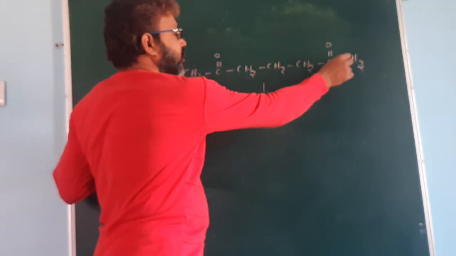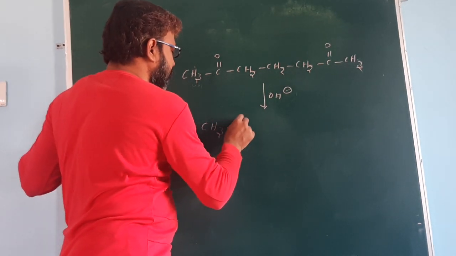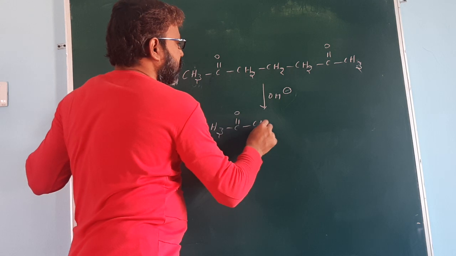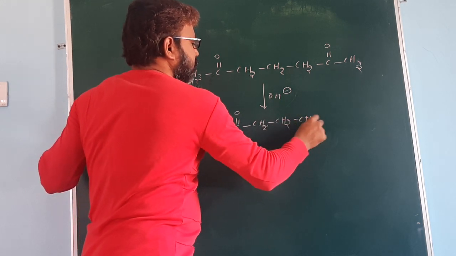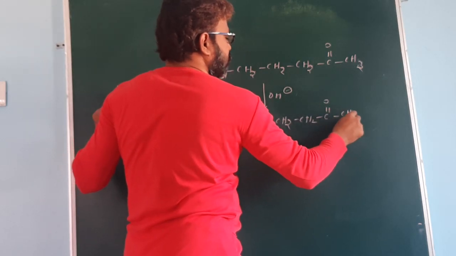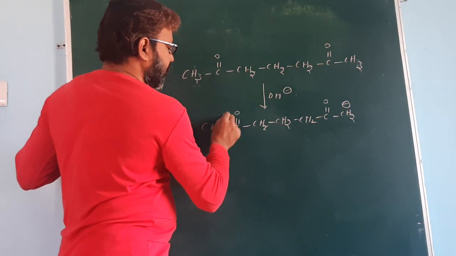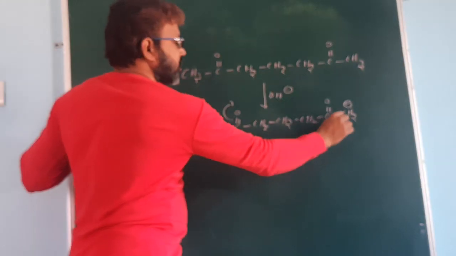Now OH minus subtracts the proton from this carbon, we get the carbanion CH3 C double bond O CH2 CH2 CH2 C double bond O CH2 minus. Now this pi bond electron shifted to here. It attacks here. We get a 6-membered ring.